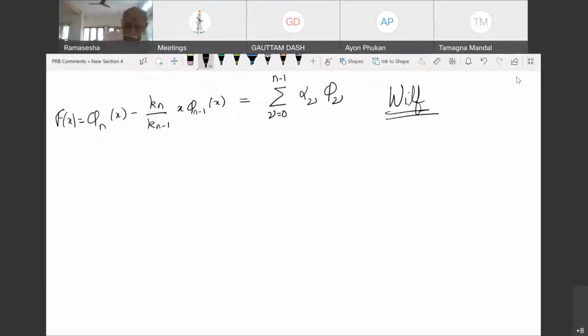Alpha_mu. I will take f(x) and p_mu. If it is normalized polynomials, then alpha_mu is equal to the inner product of p_mu with f(x).